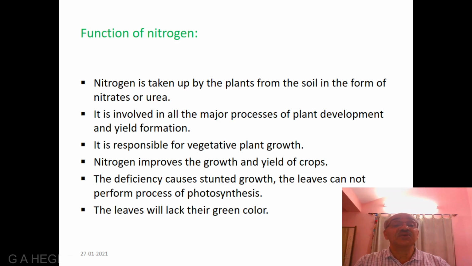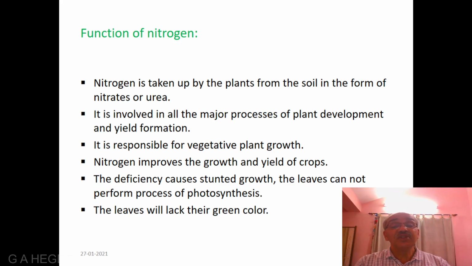Functions of nitrogen. Nitrogen is taken up by the plants from the soil in the form of nitrates or urea. It is involved in all the major processes of plant development and yield formation.